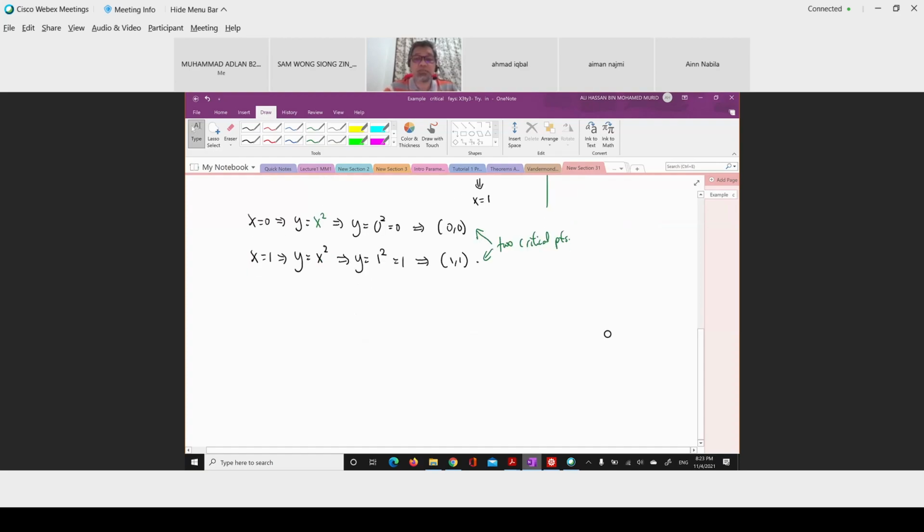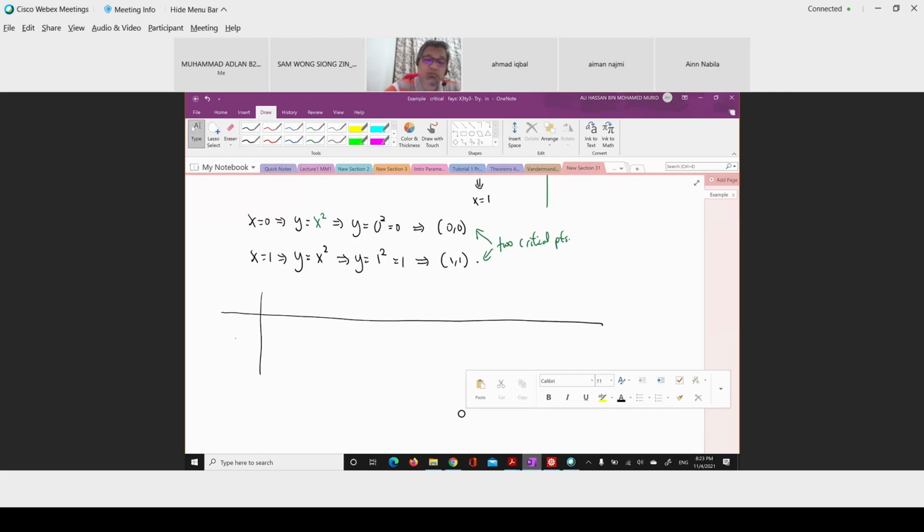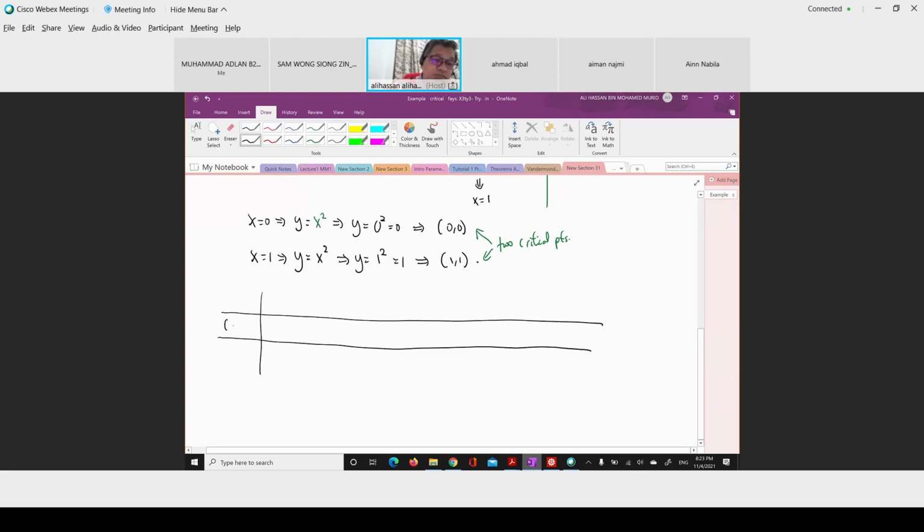Now we want to classify these critical points, whether the critical point is a maximum or minimum or a saddle point. So we use the second derivative test. We can write it in the form of a table. We have two critical points, (0, 0) and (1, 1). So what is A?